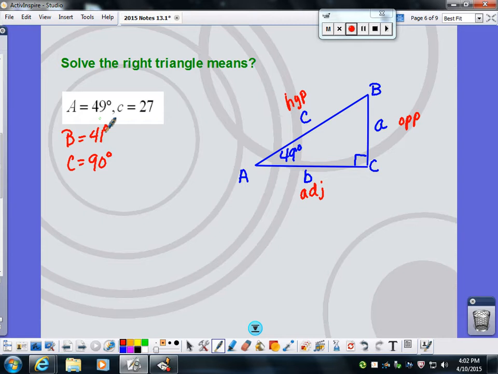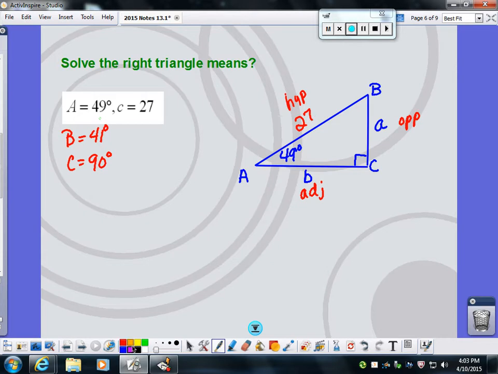Let's find the sides. We're going to use our trig ratios to find our sides. We need to start with one of them. Let's find A. Let's put in what we know. We know that C is 27, that's given. So using angle A, let's find side A. What trig ratio are we going to use?